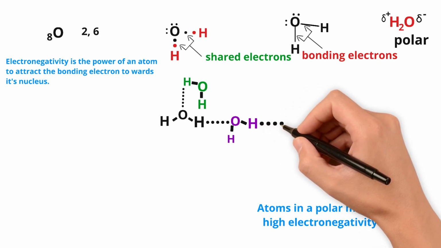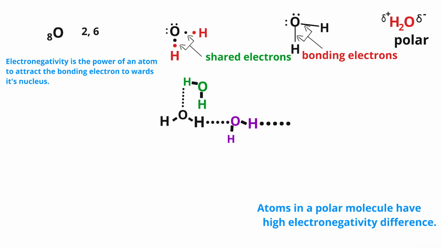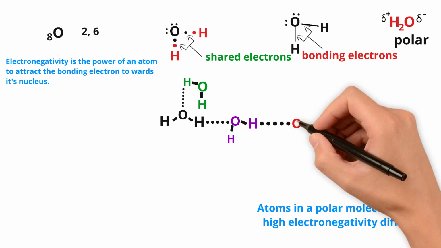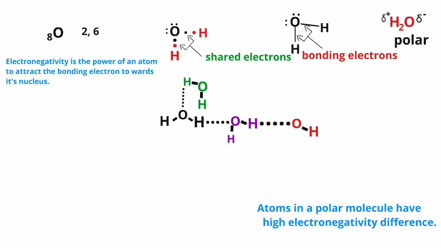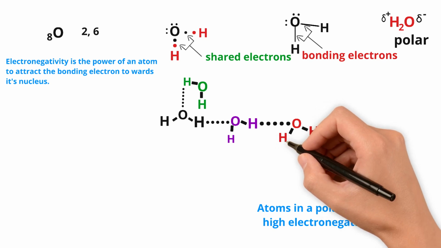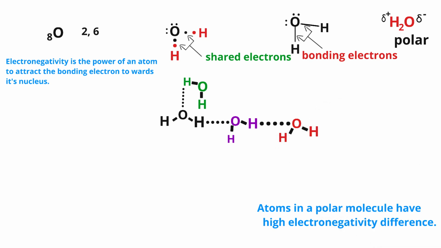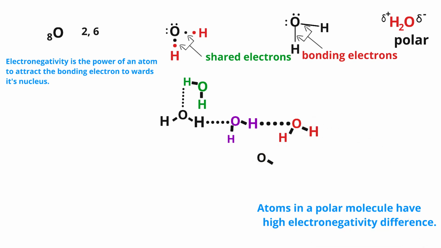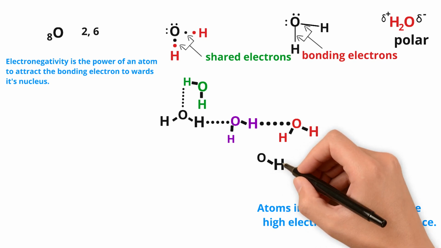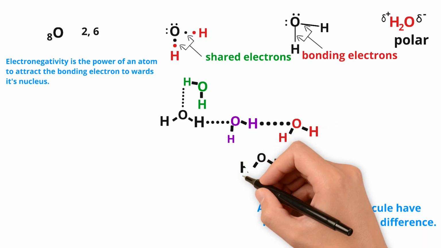Again, this water molecule attracts another water molecule by intermolecular force. As I told you, the broken line represents intermolecular force, which is found between one water molecule and another water molecule. But intramolecular forces exist within a single water molecule.